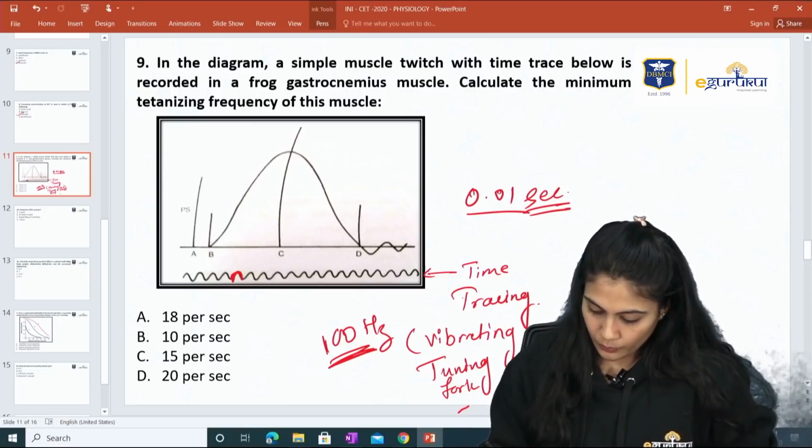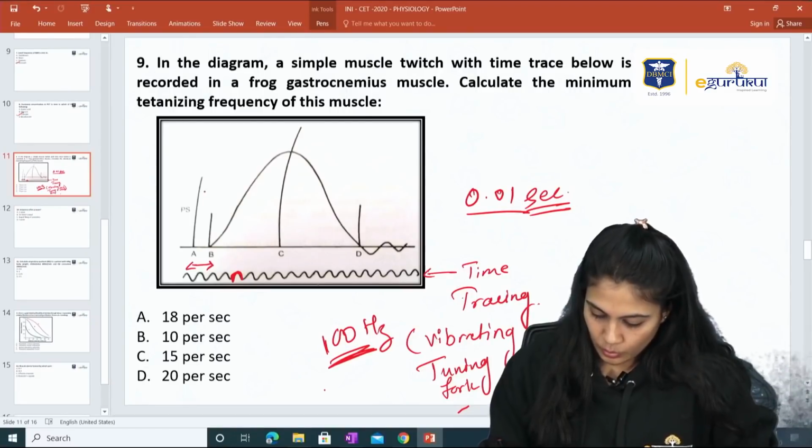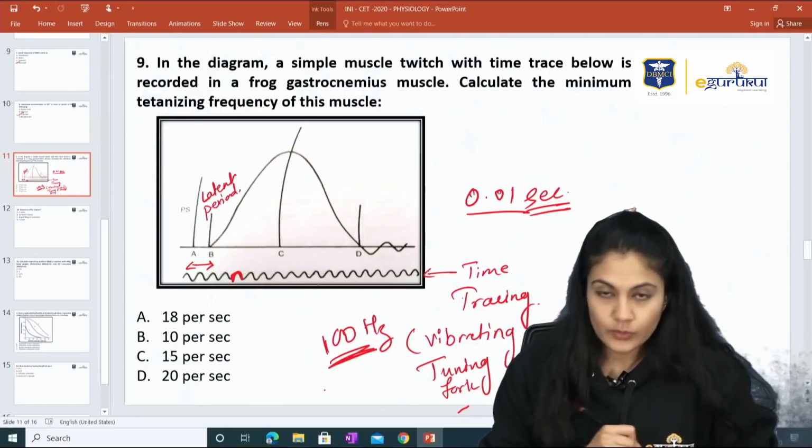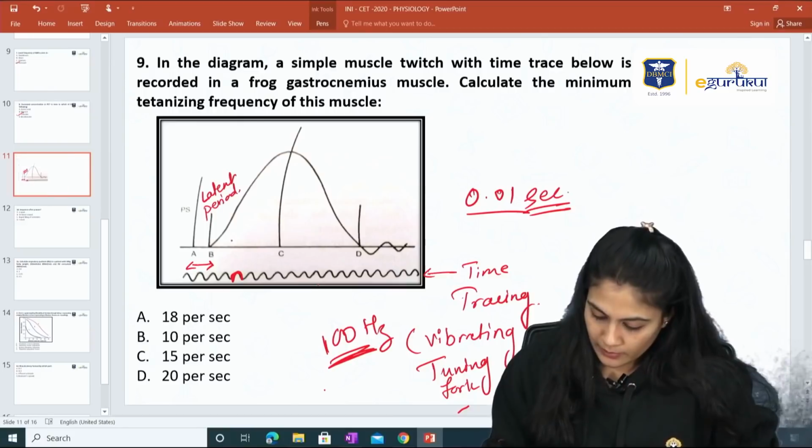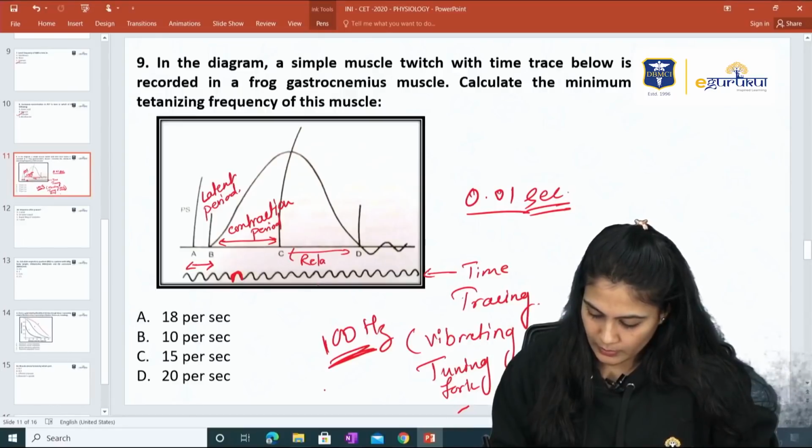A to B is known as the latent period, B to C is the contraction period, and C to D is the relaxation period.